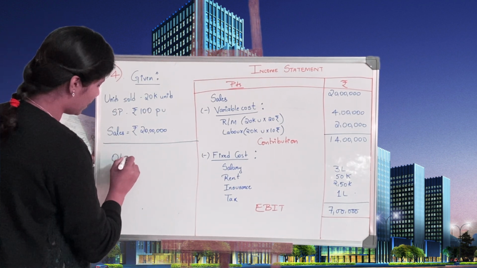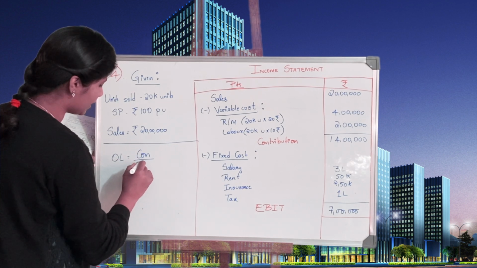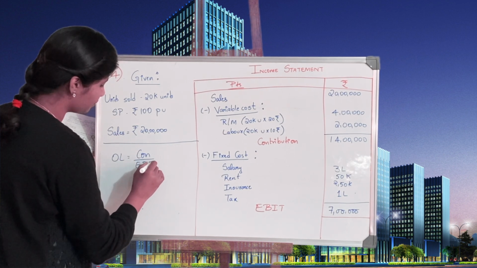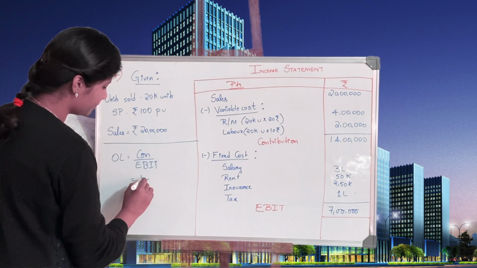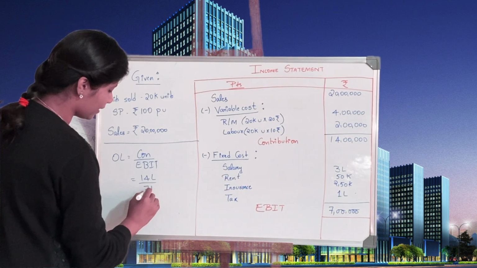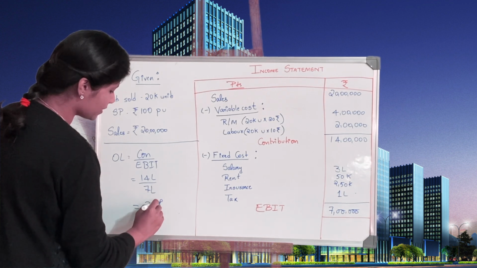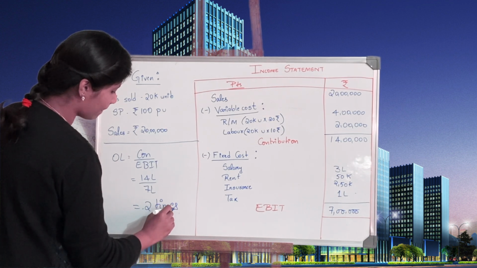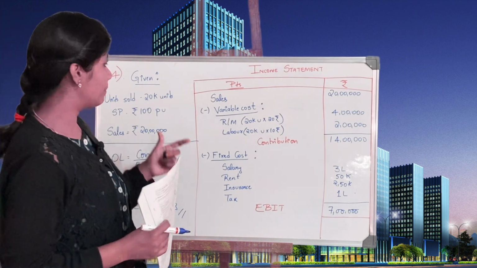Operating leverage formula is contribution divided by EBIT. The contribution here is 14 lakh and the EBIT found out is 7 lakh. So after solving, we get the answer as 2 times. So this completes our question number 4.